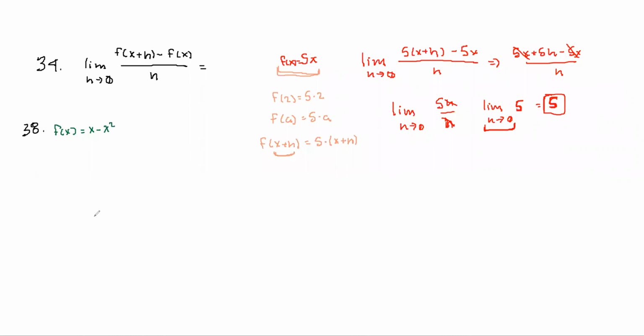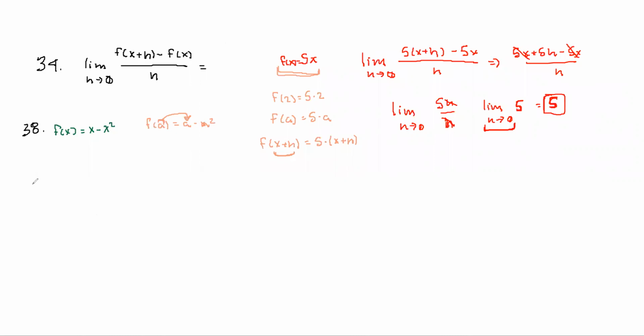How am I going to build this? Remember, if I have f of a, I'm going to say that this is a minus a squared. I'm just going to substitute whatever is in here into the function.